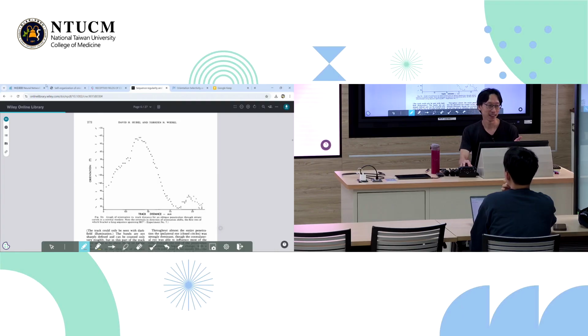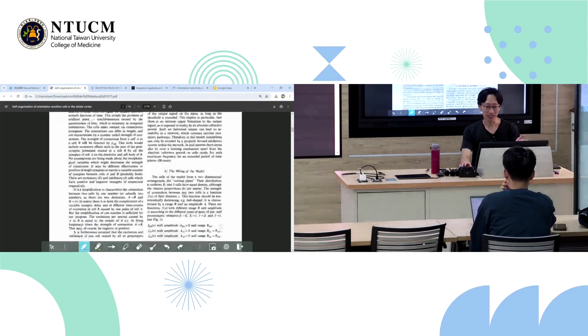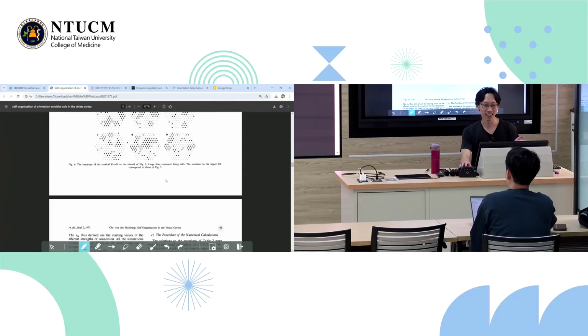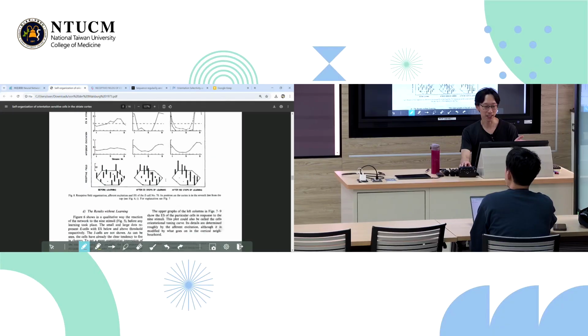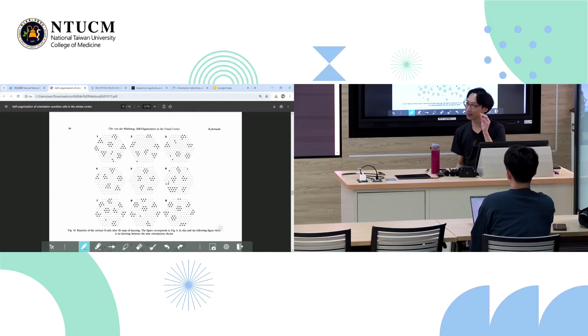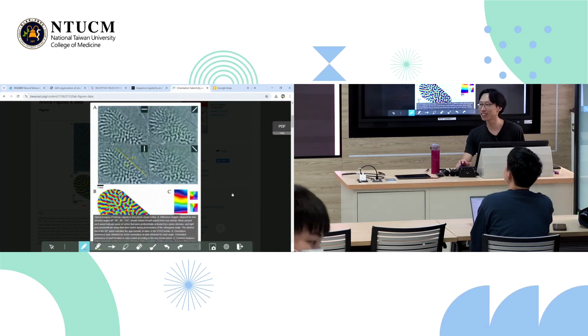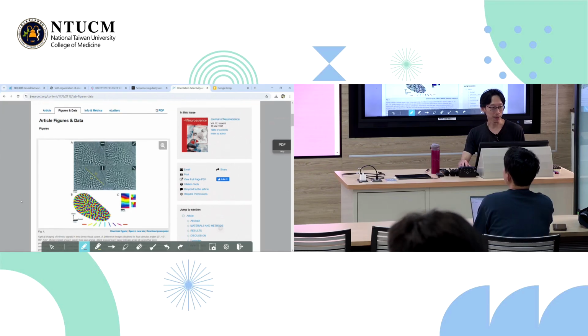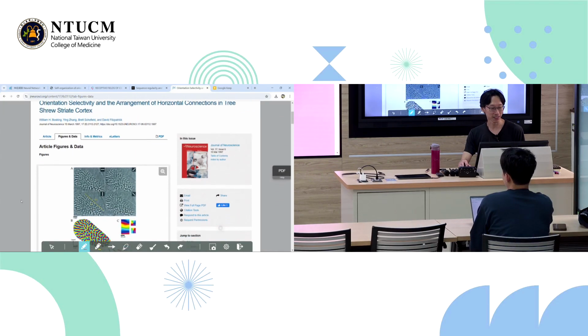In 1973, he could demonstrate this outcome from a modeling point of view. What is this picture, figure 10 in this paper? It is this picture, figure 1 in this paper, which is 1997.